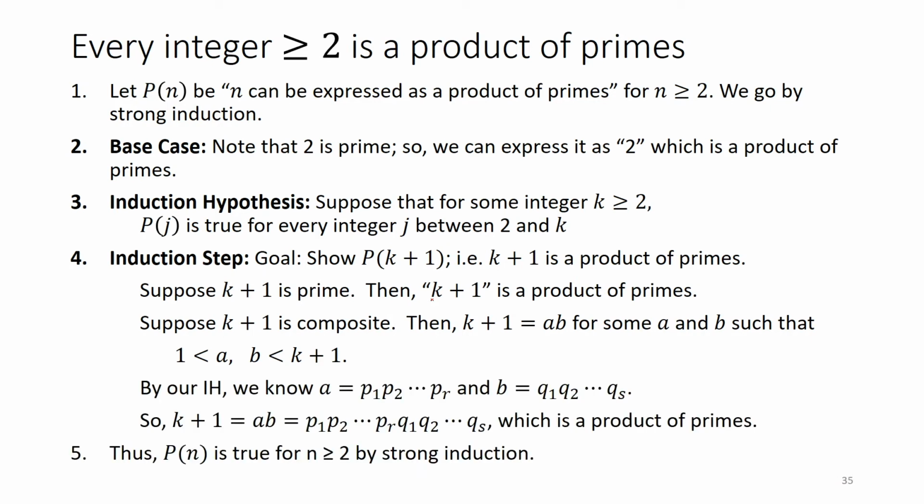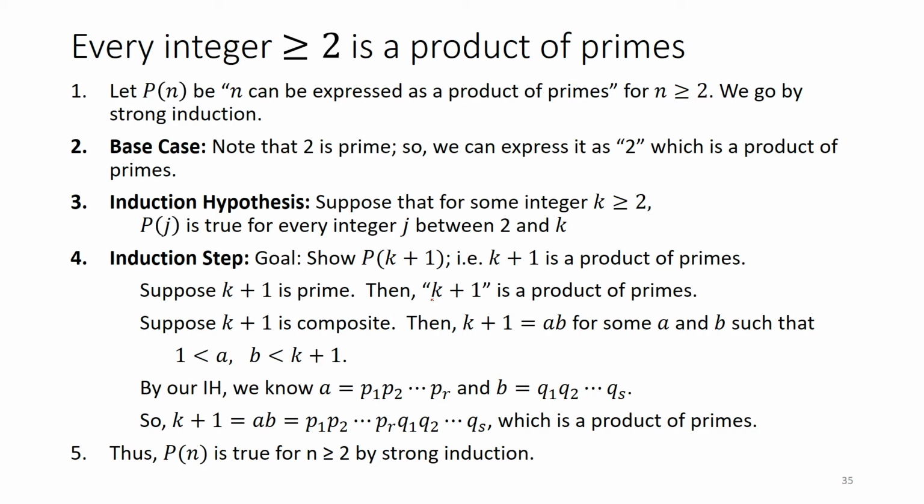So by our inductive hypothesis, we know a is a product of primes, and b is also a product of primes. So k plus 1 equals a times b, which is a product of p1 through pr multiplied by q1 all the way to qs.